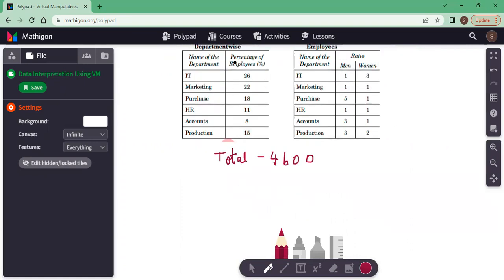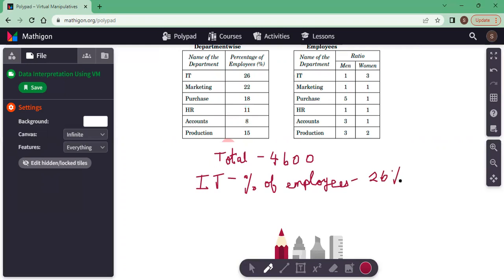Now, the percentage of employees in the IT sector, IT department, is given as 26%.